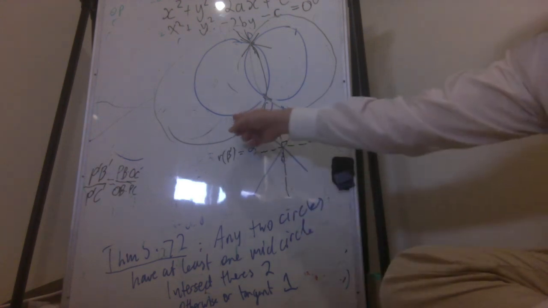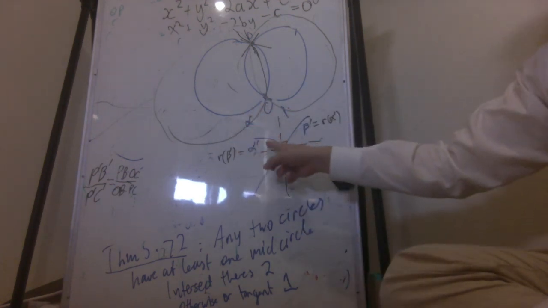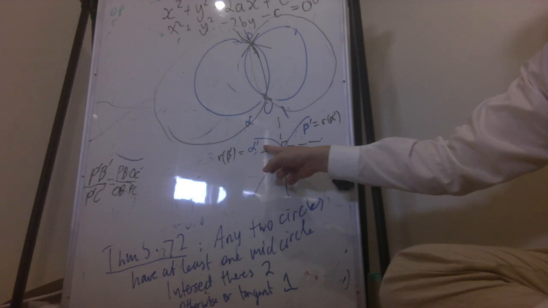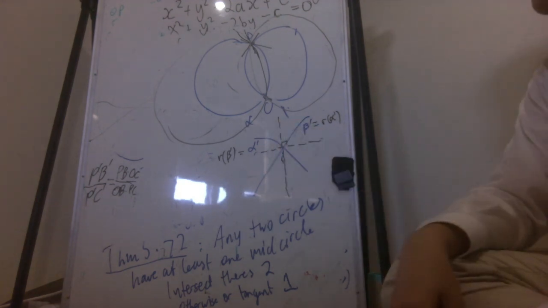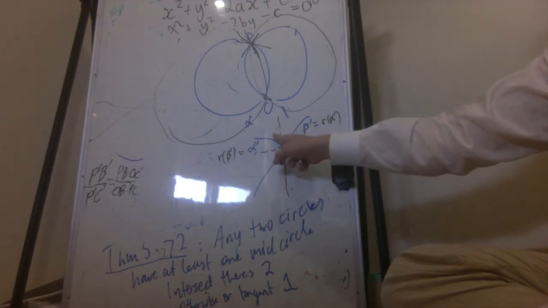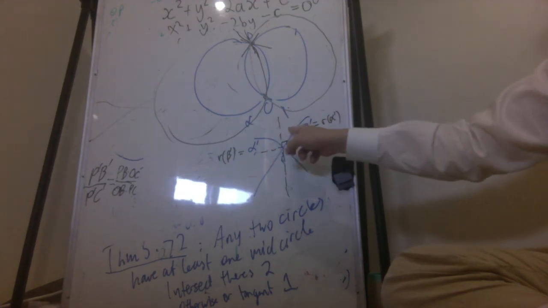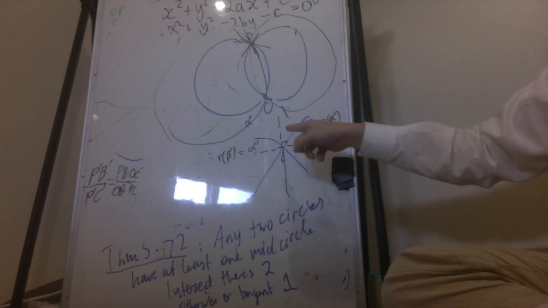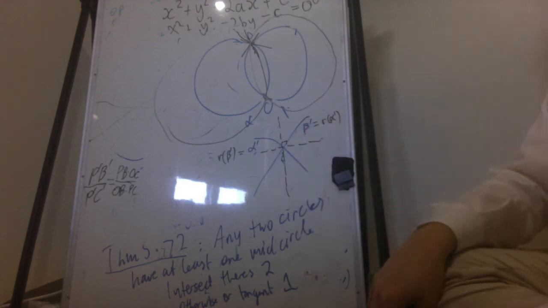Okay, so alpha going to alpha would make this angle 90, right? So if alpha were to go to alpha, you're saying basically this angle would be 90. So that's 180, yeah? So alpha and beta are actually the same anyway, right? So it can't be orthogonal.